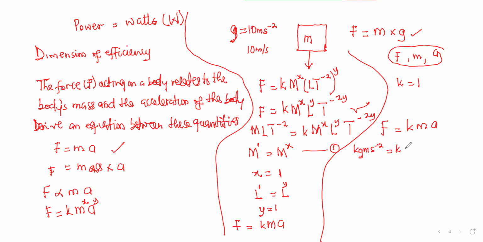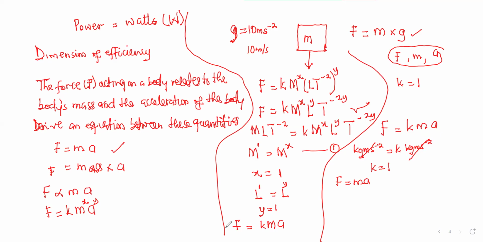The unit of mass is kilogram. Unit of acceleration, meter per second squared. So you realize that kilogram meter per second squared would cancel kilogram meter per second squared, and you have K equal to 1. And so if K is equal to 1, then you can say that F is equal to MA.